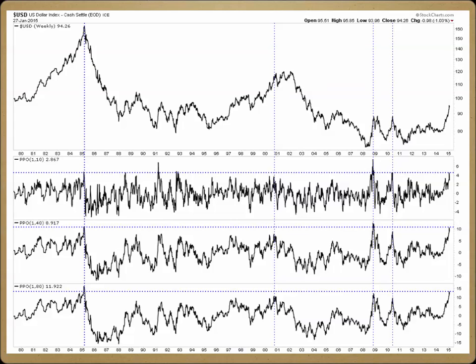Just by looking at how far removed the dollar is from these various moving averages, that's how we come to that conclusion. Looking at the 80-week moving average, which is a pretty big time frame, the dollar is the second most overbought ever. Looking at the 40-week time frame, the dollar is the third most overbought ever. It's not quite as overbought on the 10-week time frame, but still very close to it.